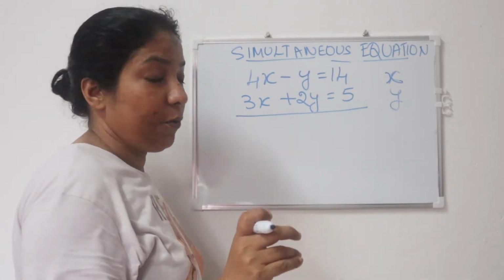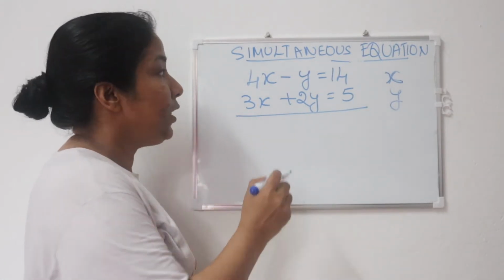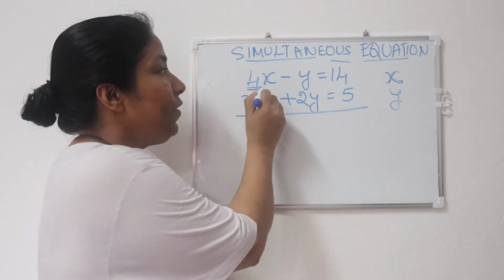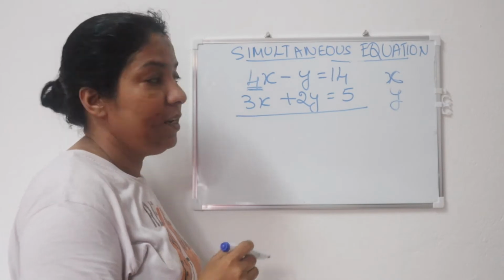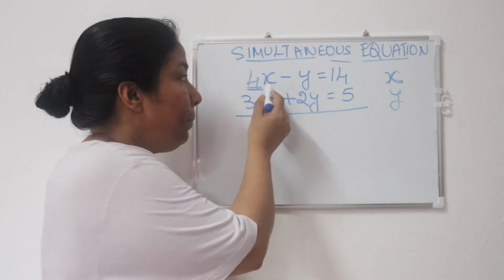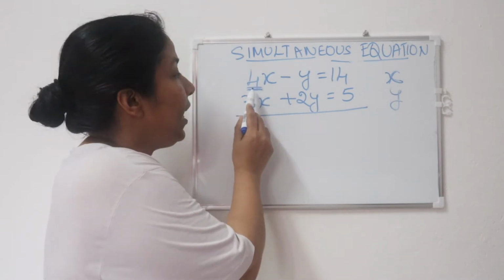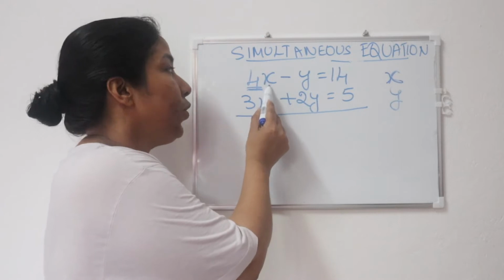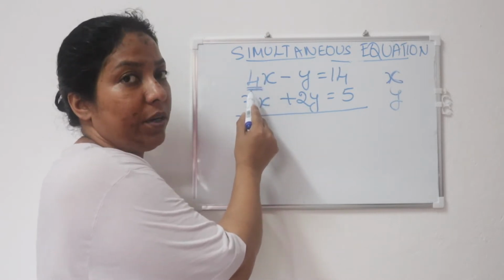The first step is to check the coefficient of x. What is the coefficient? The coefficient is the number which is present along with the x. Here the coefficient of x is 4.